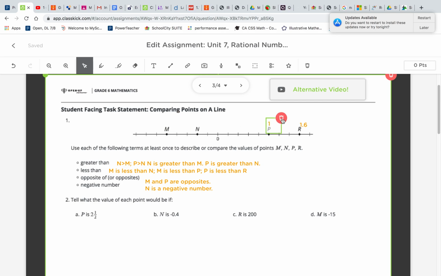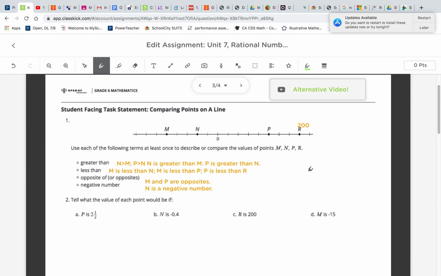Let's then look and see if r is 200. Okay, r is 200 in this case, so we need to see what, again, the value of each of the tick marks is in that case. How many tick marks are there between r and 0? 1, 2, 3, 4, 5, 6, 7, 8. It's 8. So if there are 8 marks, and that gets us to 200, then we need to find 200 and divide that by 8.